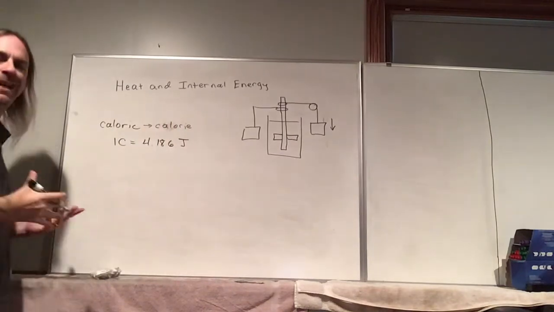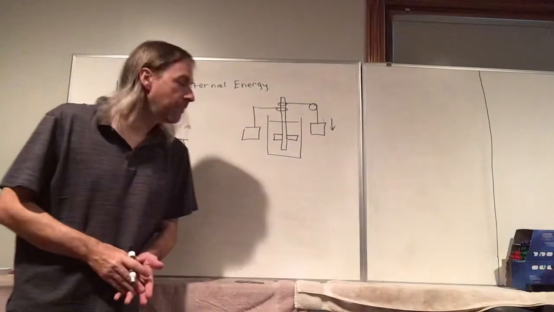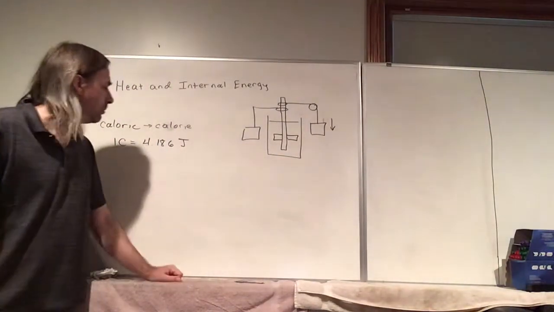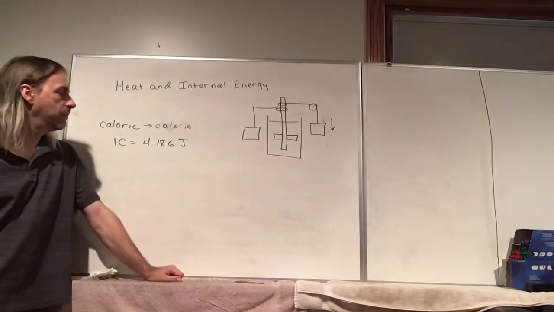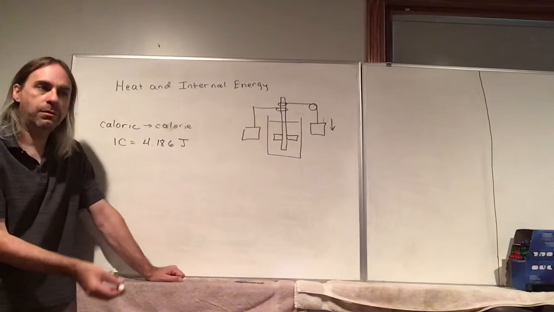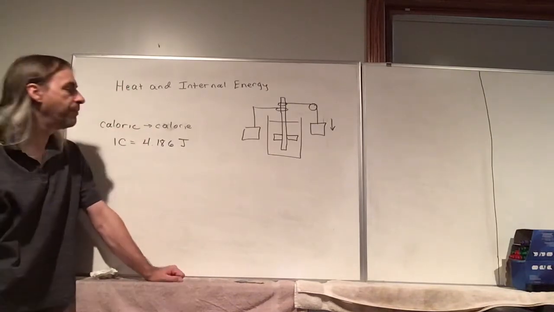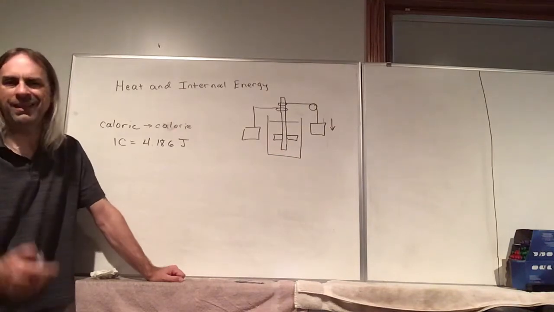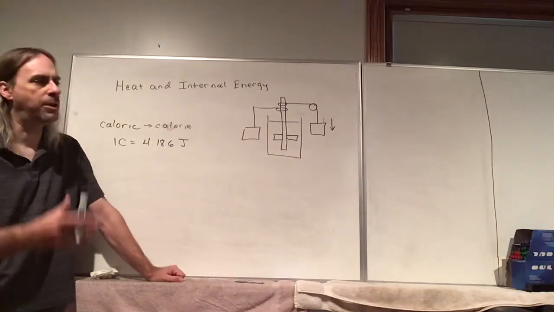Now remember, a joule is not a very big unit of energy. If you lift a 1 kilogram object up a distance of 1 meter, the work you do is mgh.